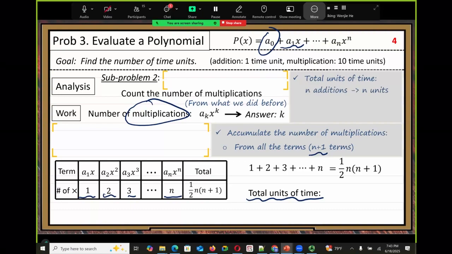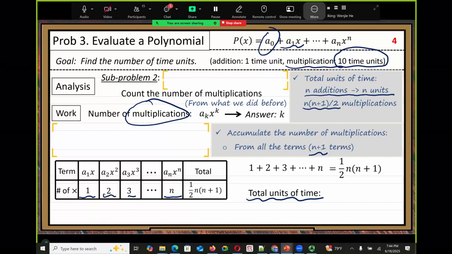n additions correspond to n units of time. Now, for this many multiplications, each multiplication has 10 units based on our assumption.